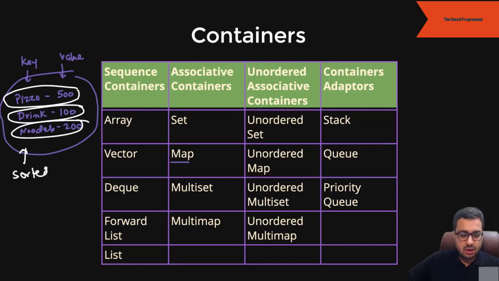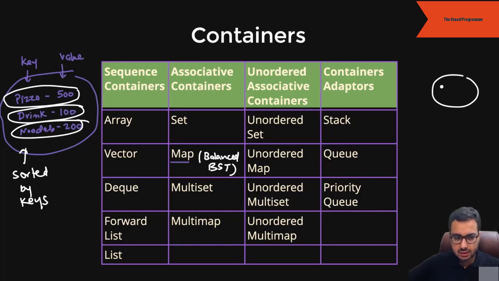The data will be sorted by keys, and again it uses a balanced BST like data structure to store this data. So internally it might be stored like this. You might have a drink, and then you might have noodles, or you might have pizza, something like that.